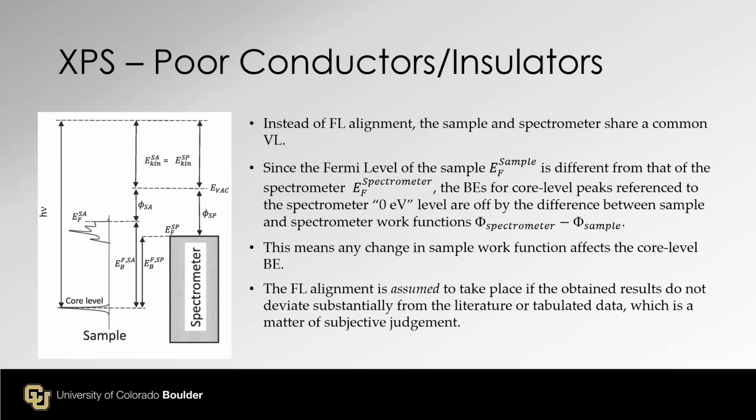So the true binding energy may be different from the binding energy the spectrometer can see. We have an issue here. This situation is not great, so we have to do something.